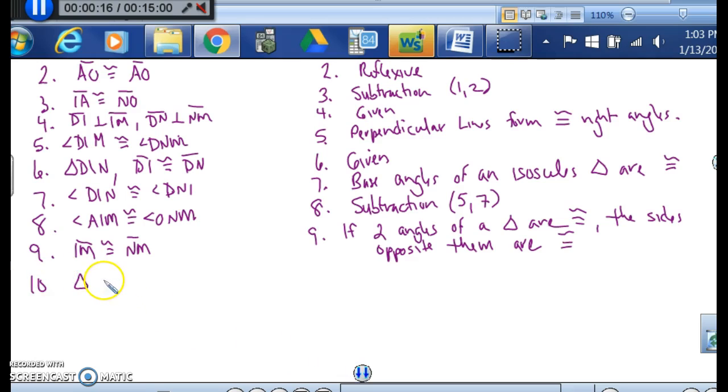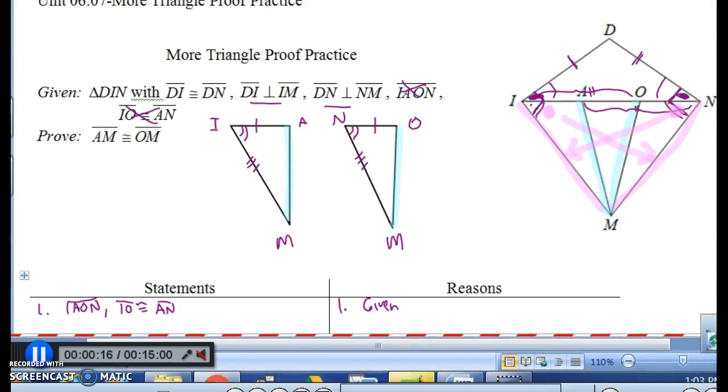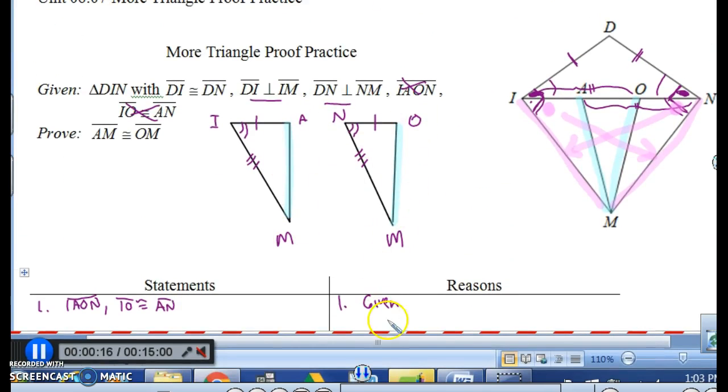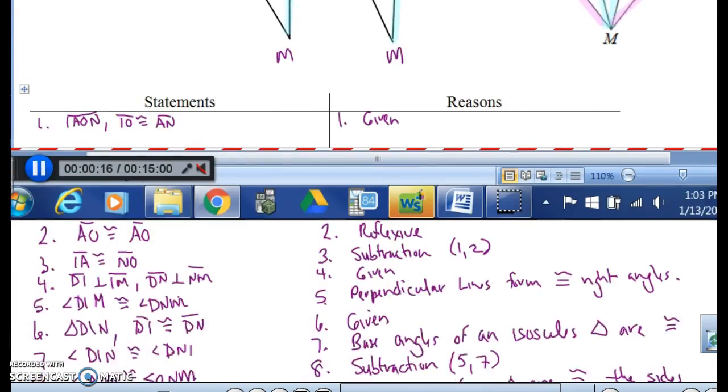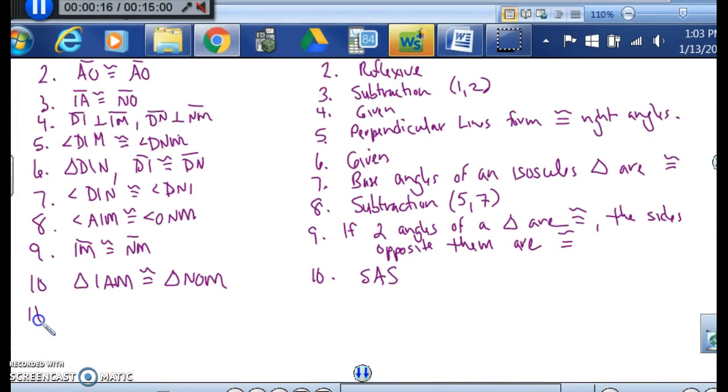Triangle IAM is congruent to triangle NOM by side angle side. So if those triangles are congruent, are the blue lines AM and OM congruent? Yes, they are. By our five letters, CPCTC. So AM is congruent to OM by CPCTC.